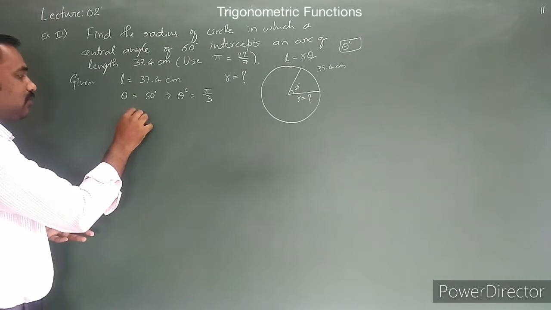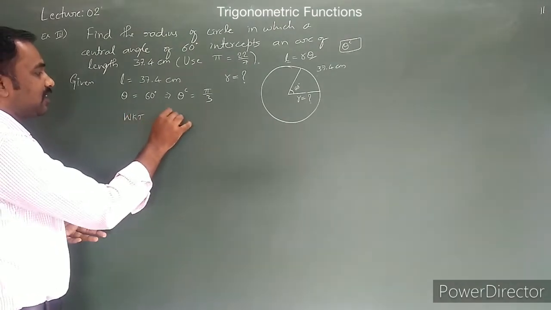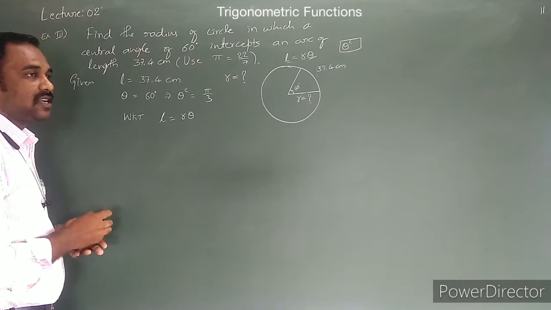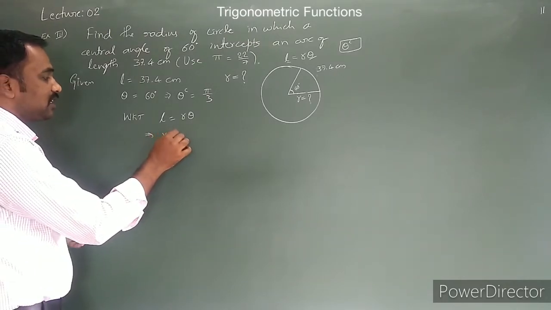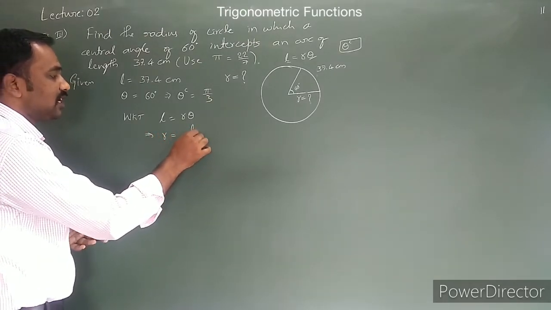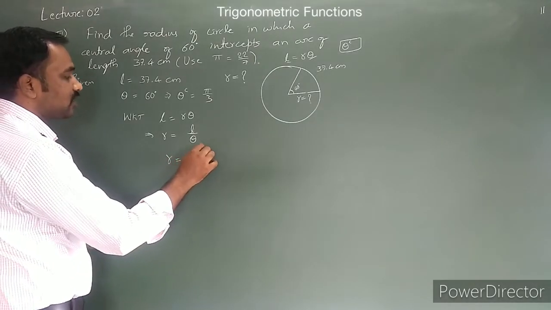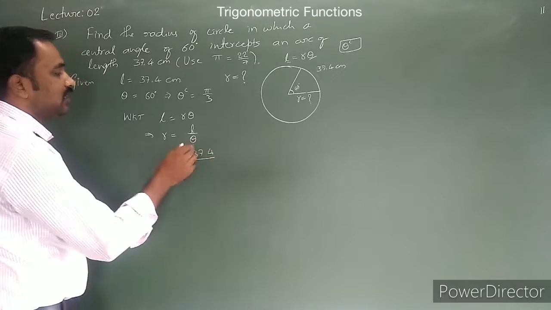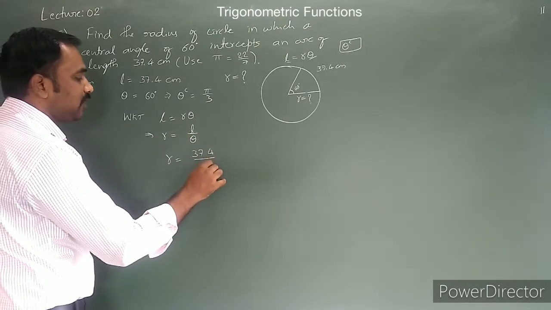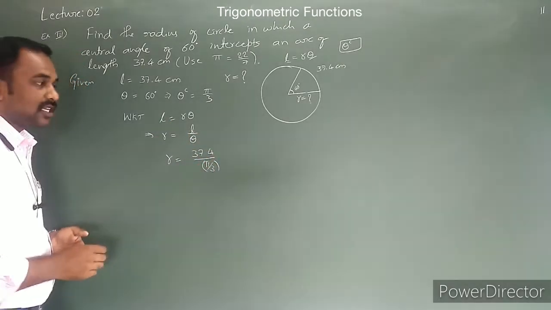So better write the formula in the solution. We know that L is equal to r theta. We need the radius. So radius is equal to L divided by theta. So r is equal to L is 37.4, theta is pi divided by 3.